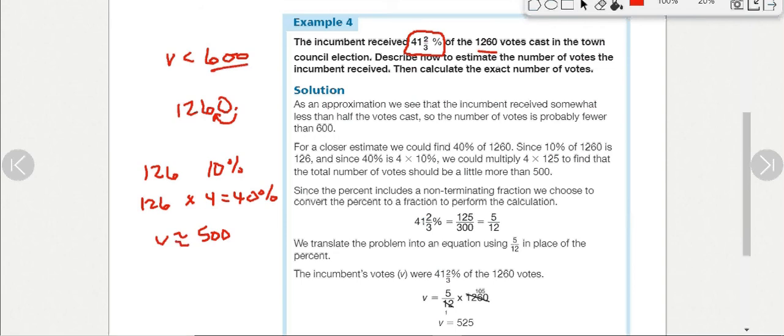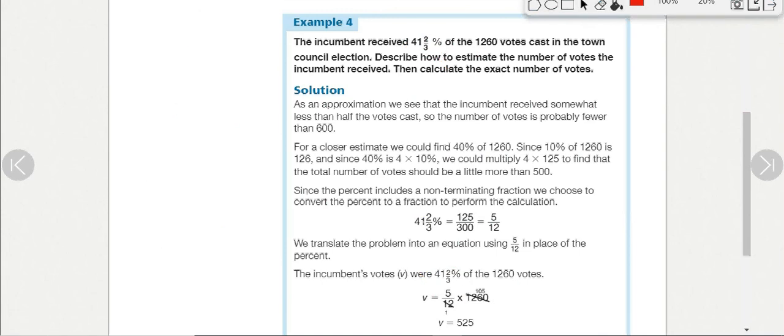Now to get really exact, we could turn this into a fraction and then multiply that because it's of 1260. How do we get this into a fraction? Let's clear everything out again.